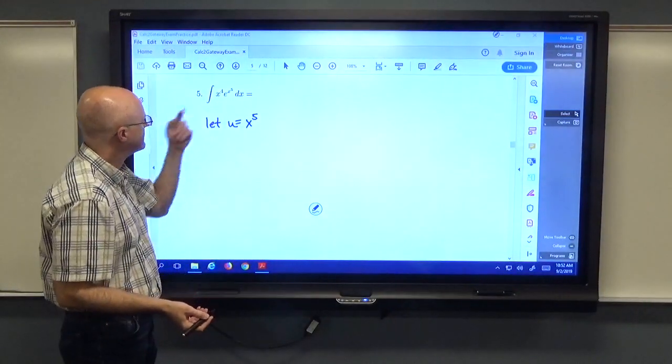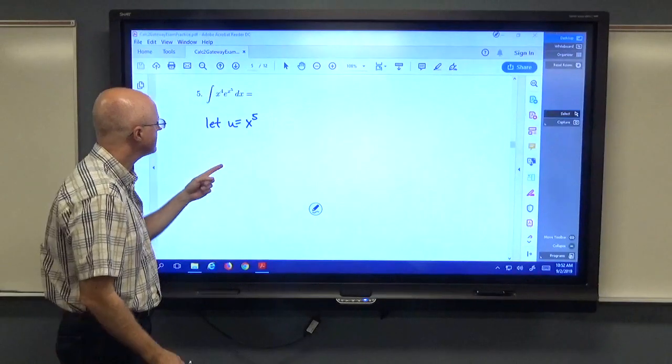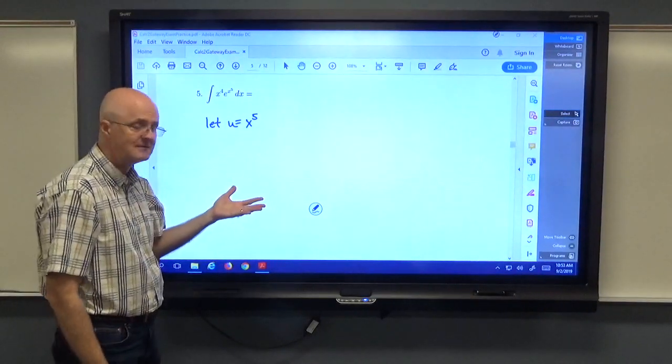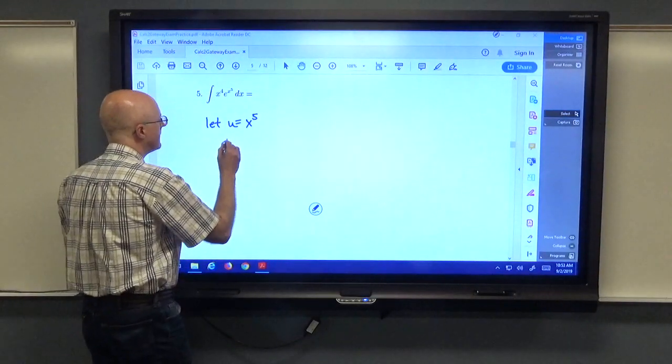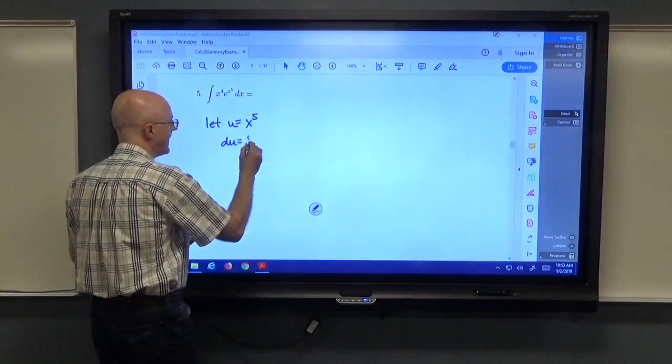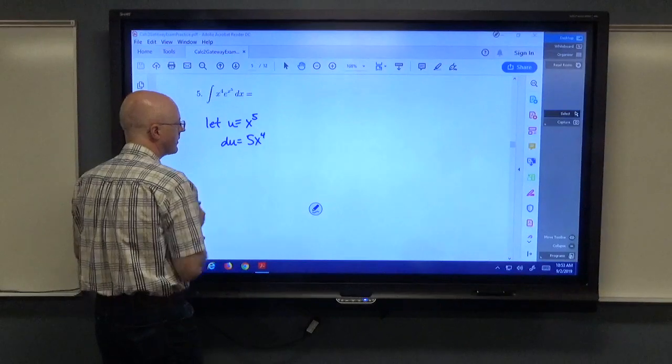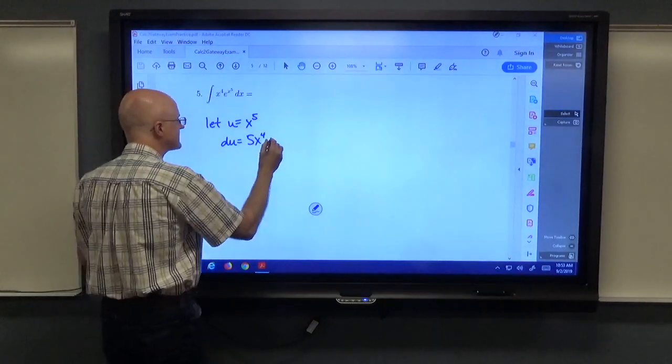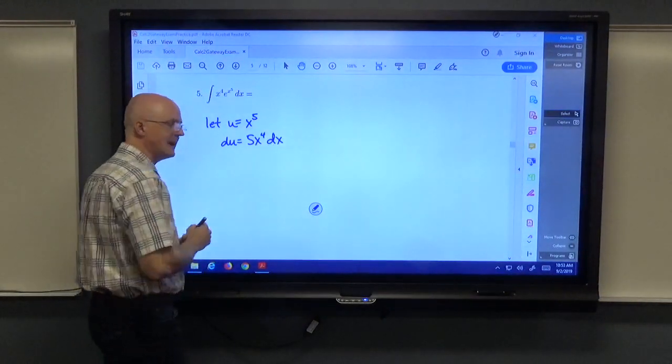But what do I do about the x to the 4th there? Well, I still need to find du in terms of dx. Differentiate u with respect to x to get 5x to the 4th. Quote unquote, multiply both sides by dx. Put the dx over there.